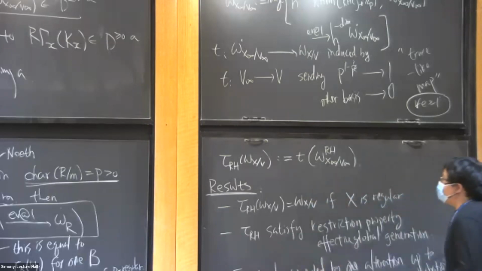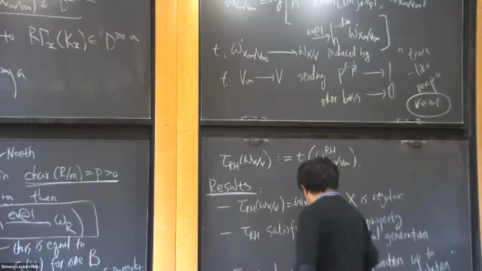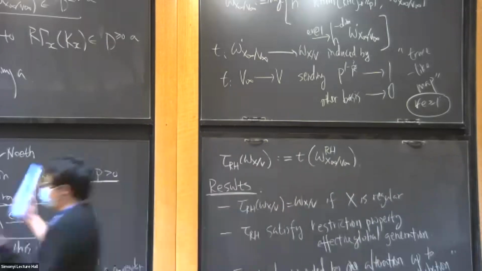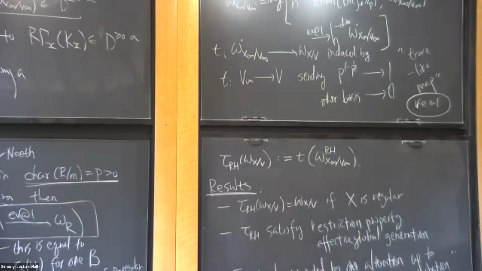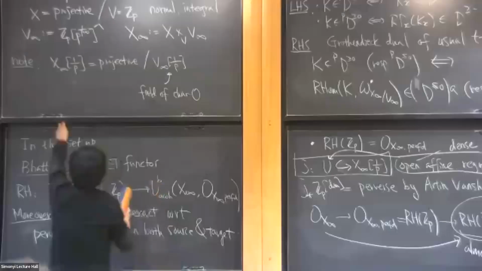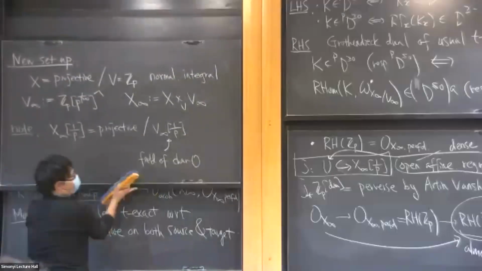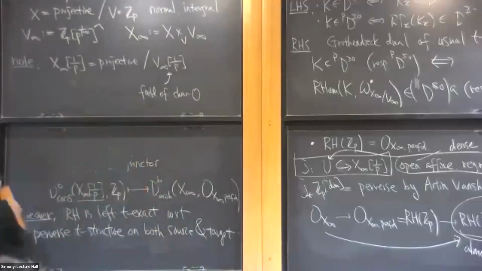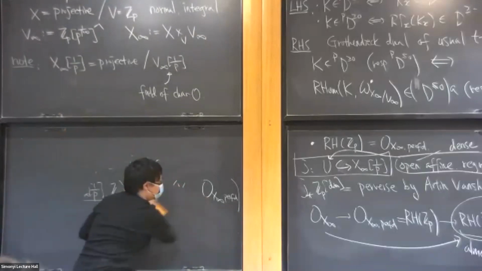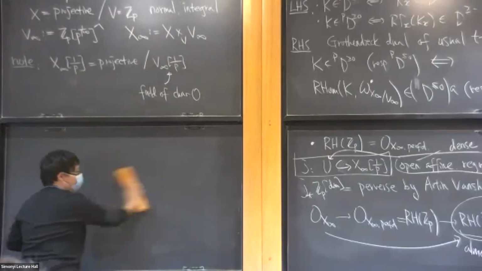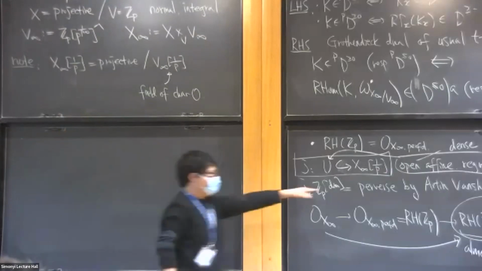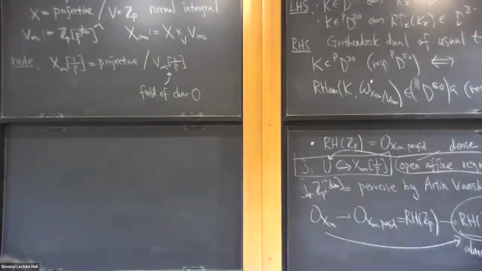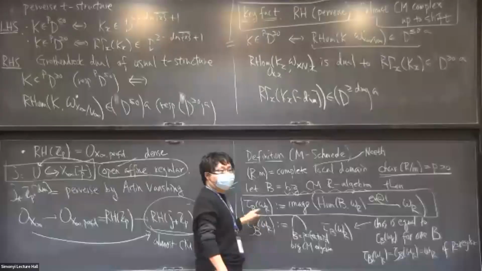All right. So now we have this object satisfying these nice properties. How do we compare it? We want to relate this to, for example, tau R plus, where R plus is a specific big commutative algebra constructed by Bhargav.